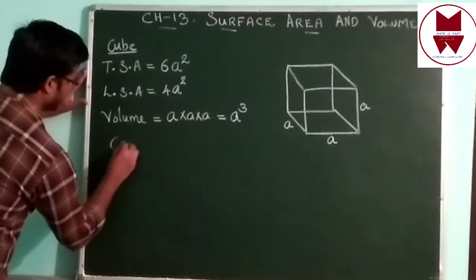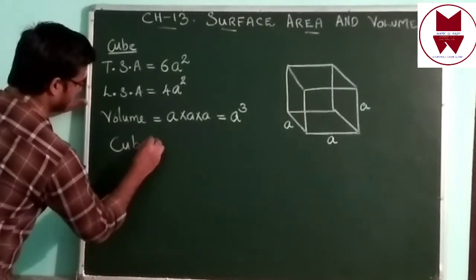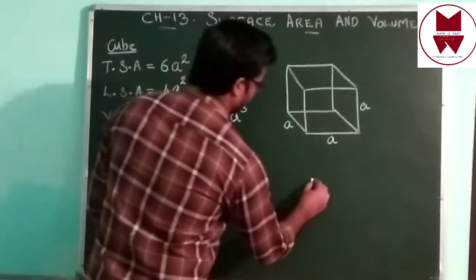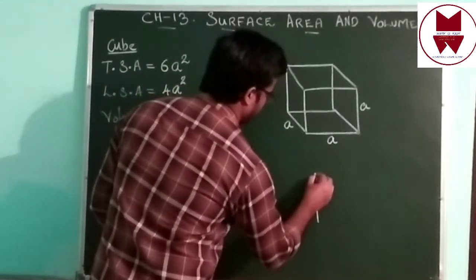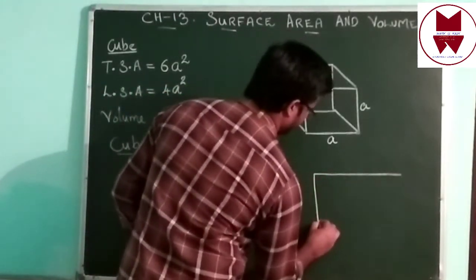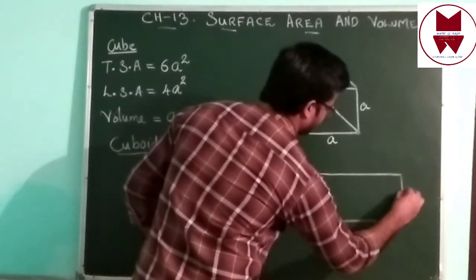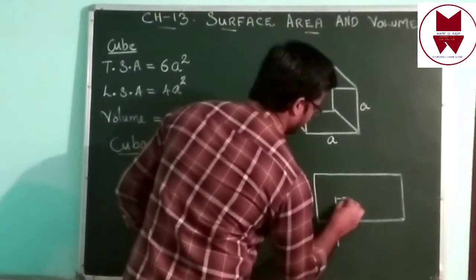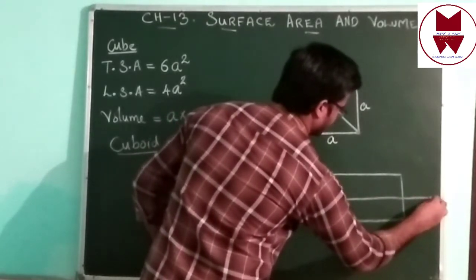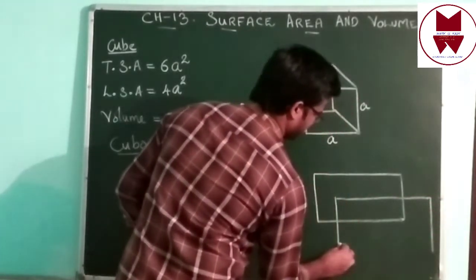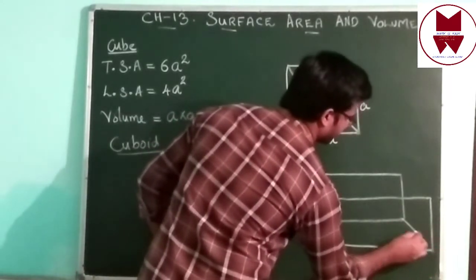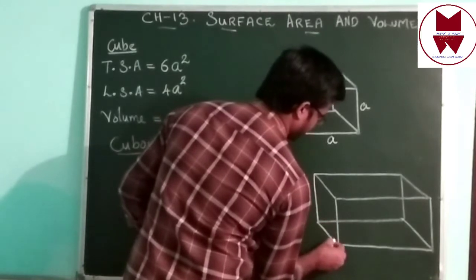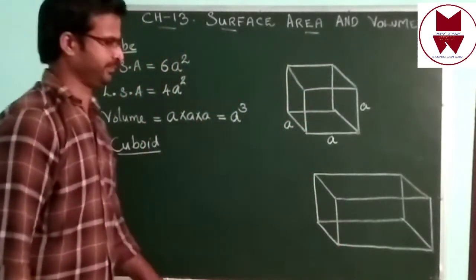The next one is cuboid. Cuboid. We can draw one cuboid shape, a box shape.